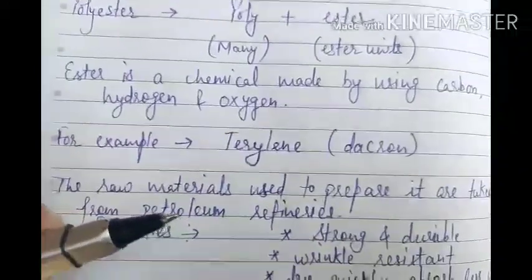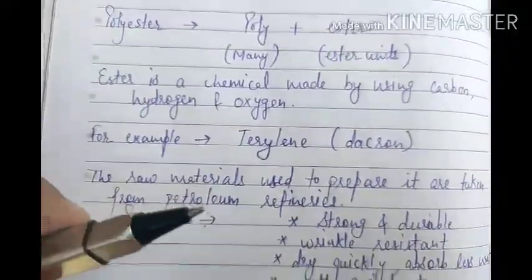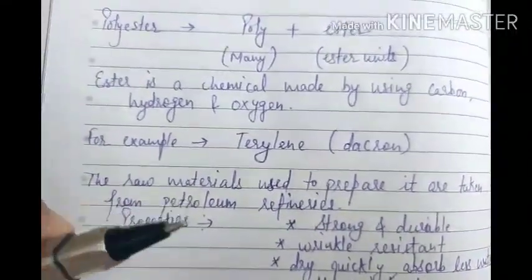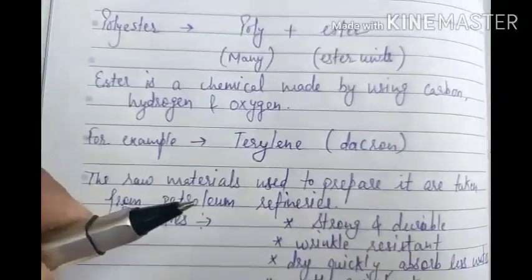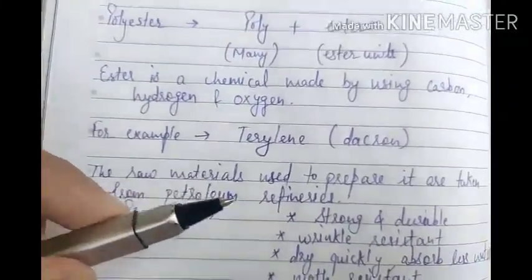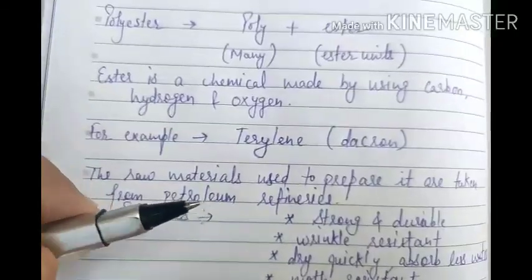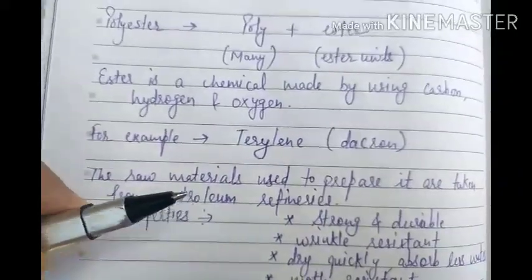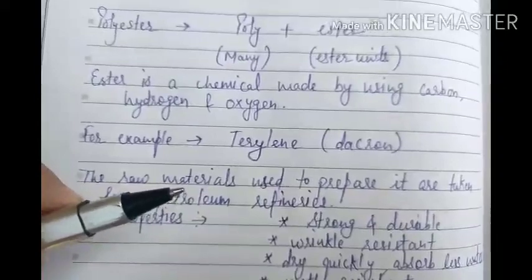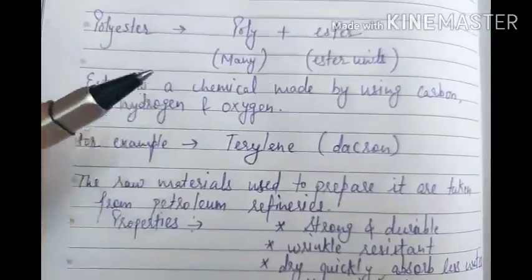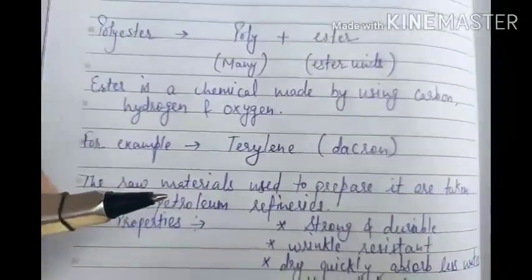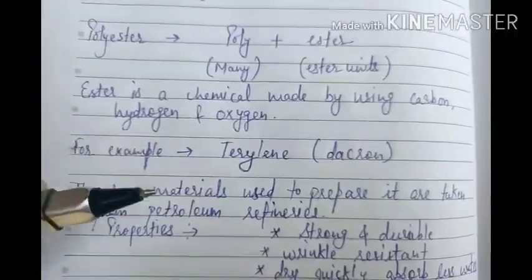You know about petroleum? It is a kind of fuel which we use in our daily life for vehicles. In refineries we get petroleum, and from petroleum we can prepare the raw material of polyester. So it is a completely synthetic fiber.